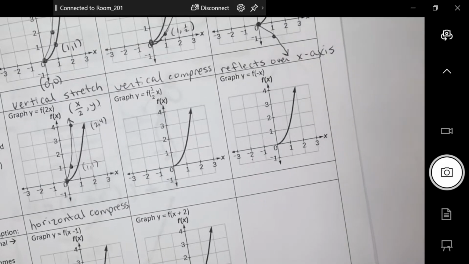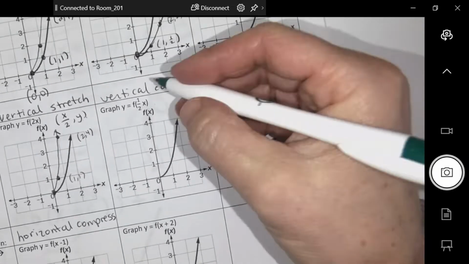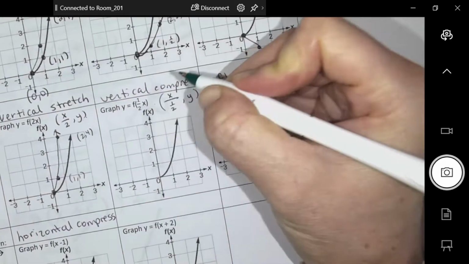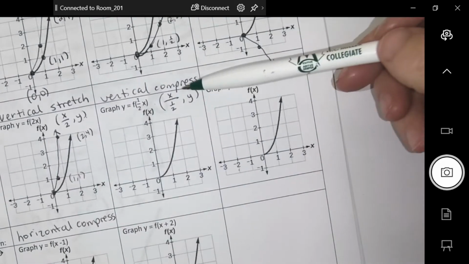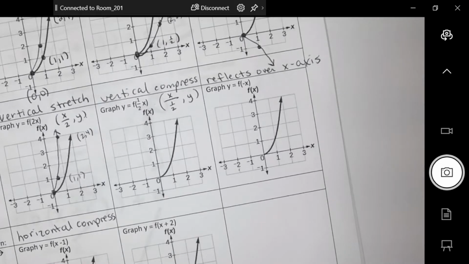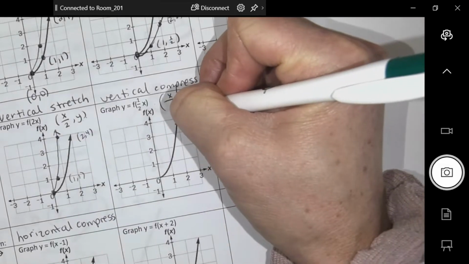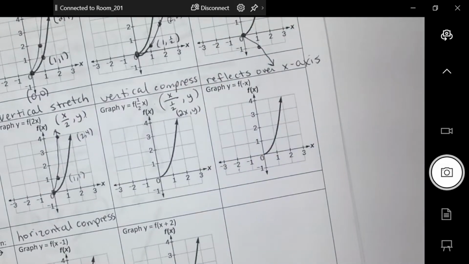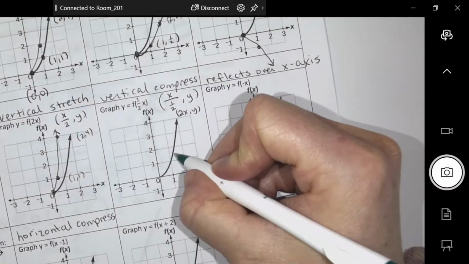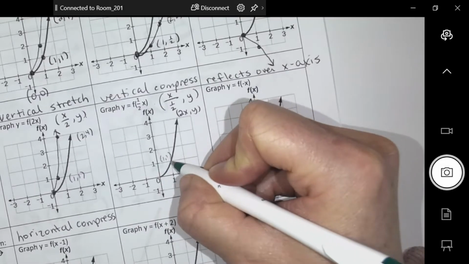Okay. Now, this one is a half. So what happens? This is what it would be like. X divided by 1/2. So then I have to think, what's the same mathematical move as dividing by 1/2? Timesing by 2. Okay? So again, everything is opposite. So 1, 1 will turn into 2, 1.